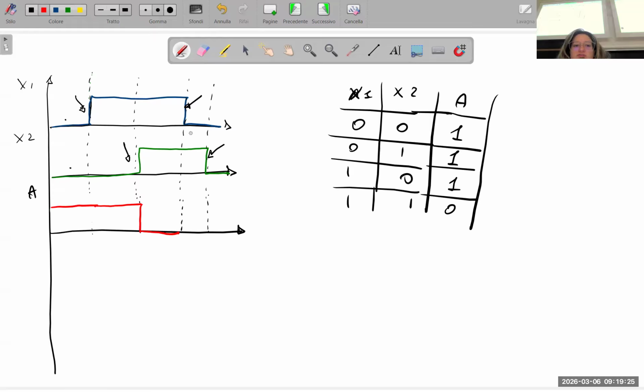Until the next change, where we have 0 and 1, so again 1. And then we have the last change, which is 0 and 0, which is again 1. And this is the wave. Clear? Okay. So it goes something like this.